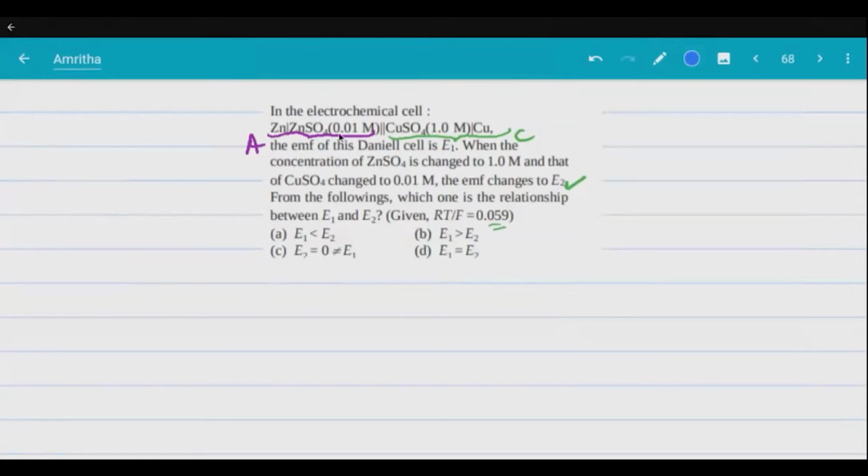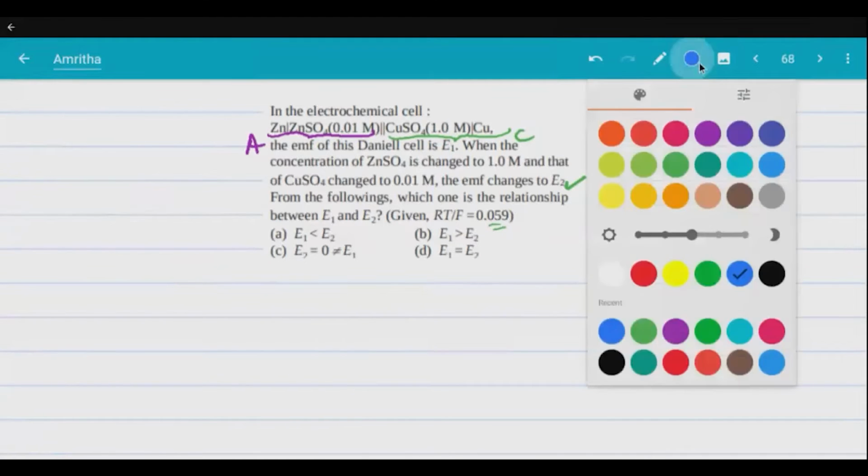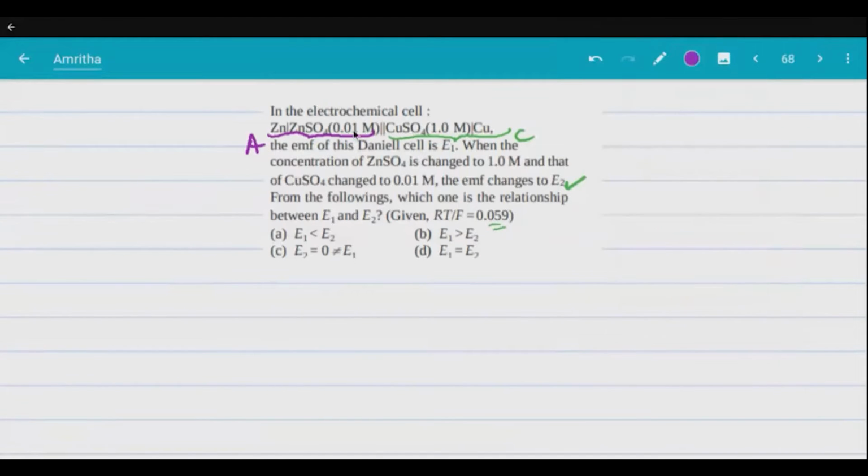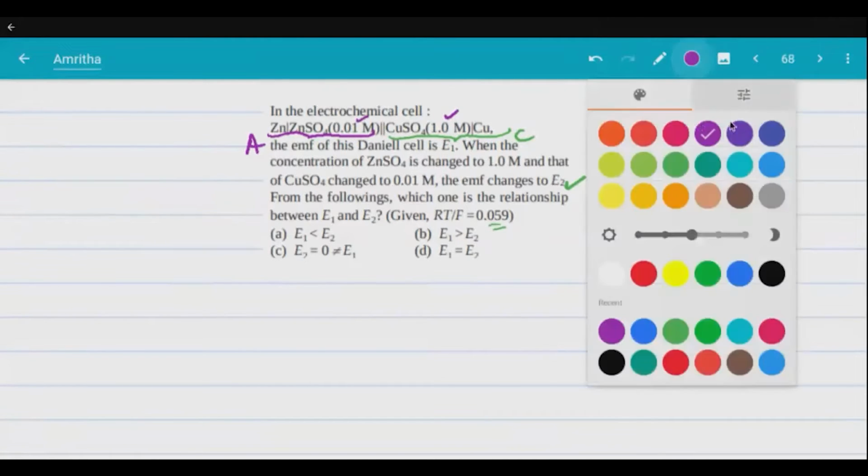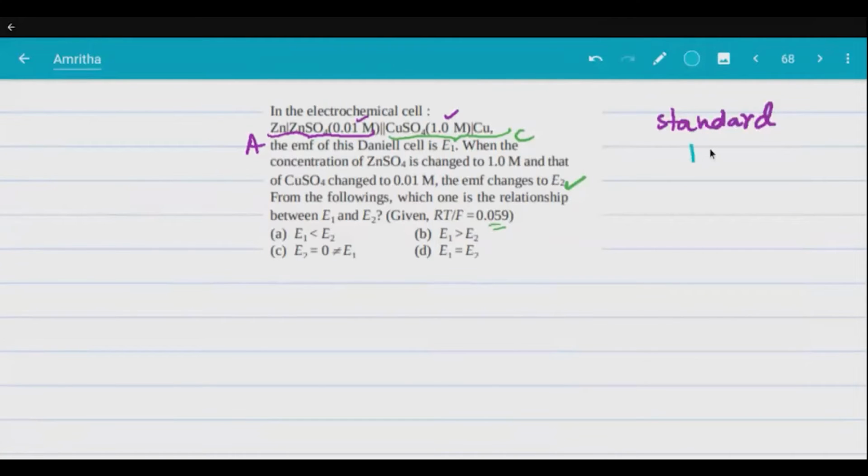So what is E1? This is not a standard cell. Sir, what is standard? Standard conditions in electrochemistry are 1 molar concentration and 1 atm pressure. If it is a gas, we must take 1 atm pressure. If it is a solution, we must take concentration.